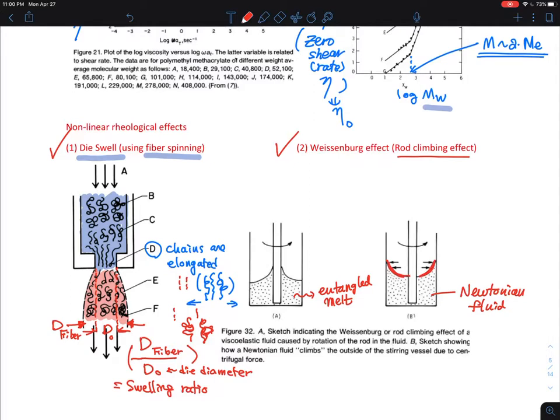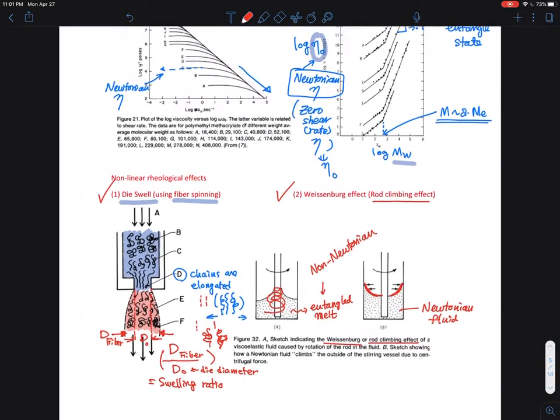Right? But if you have an entangled fluid, the polymer chains are entangled and they climb up the axis that is on the rotation. And so this is what's called the rod climbing effect, the Weissenberg effect. Those are the two things that are quite distinct from a Newtonian fluid. And this is essentially non-Newtonian.